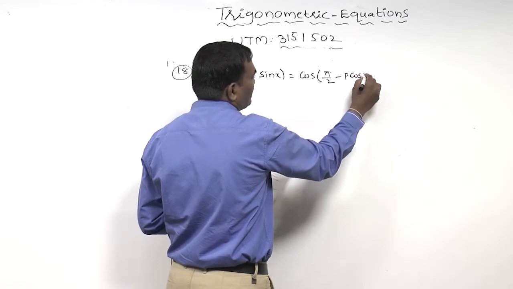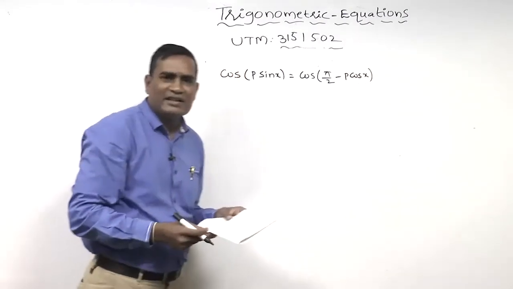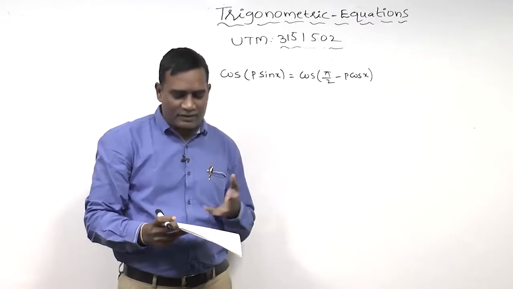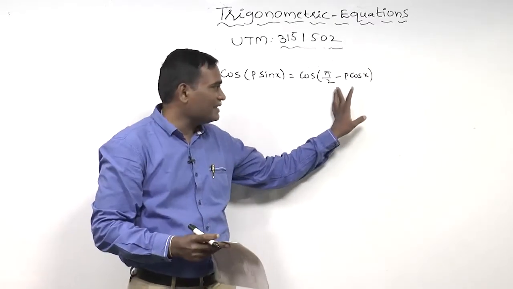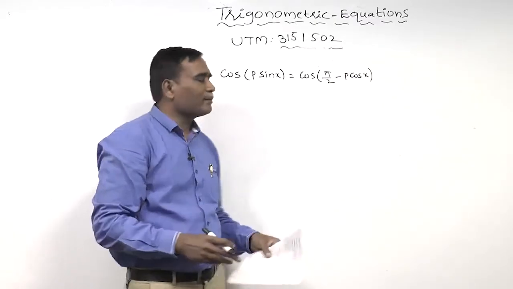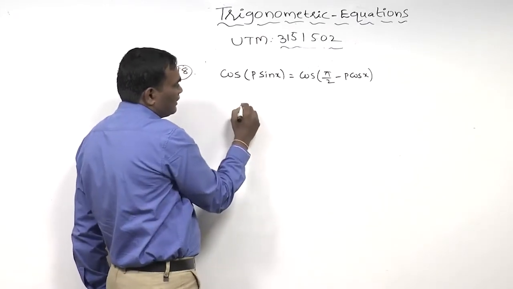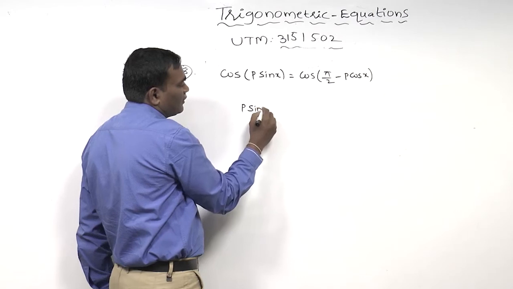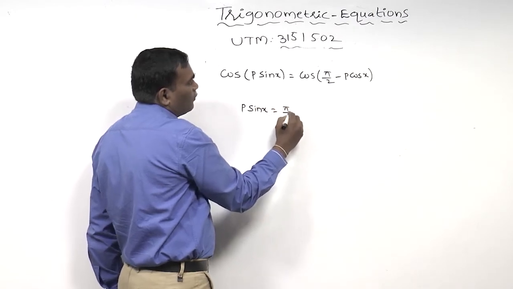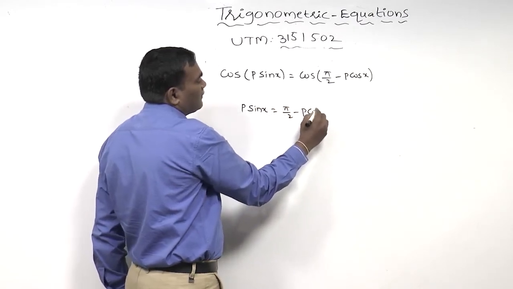What is cos of 90 minus theta? That is sine theta. Yes, I am writing sine of (p cos x) as cos of (pi by 2 minus p cos x). So here cos, and this is also cos. Take p sin x is equal to pi by 2 minus p cos x.